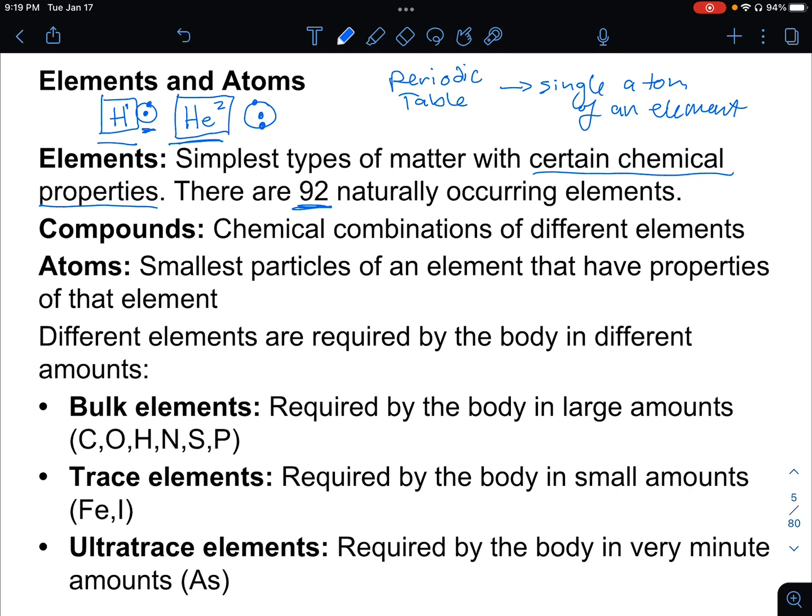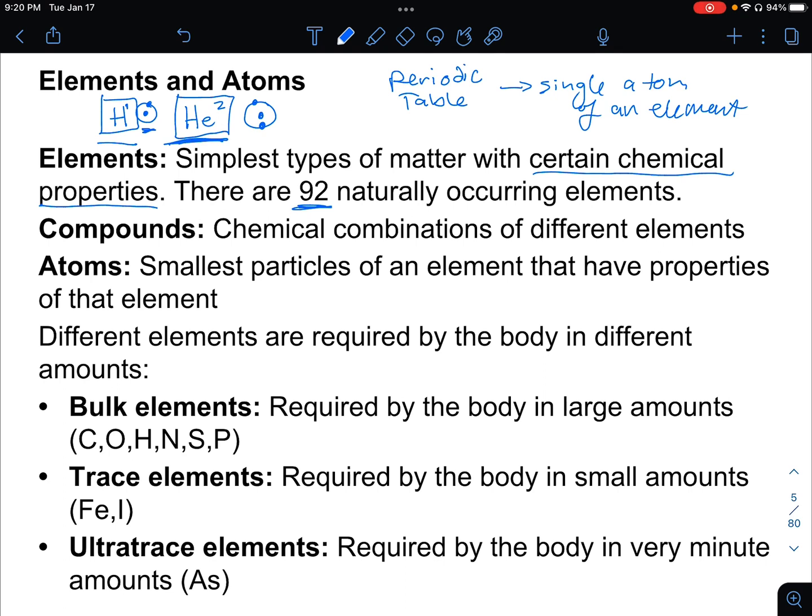This box of helium is talking about all of the properties that a single atom of helium has. Lithium, beryllium, and so on, all the way up to even our synthetic elements. Each box with information in it is telling us what the chemical properties of a single atom of those elements are. That's why we need to be able to read the periodic table. I've also included another video on how to read the periodic table in the links, so that will be very helpful if this is confusing to you.